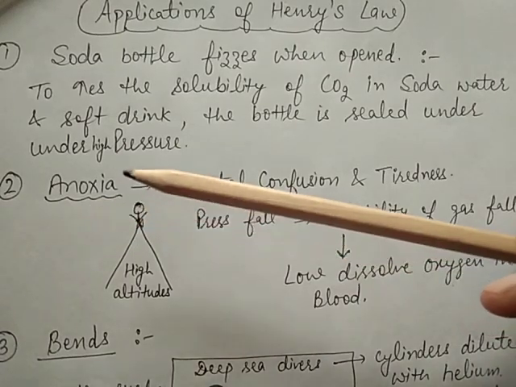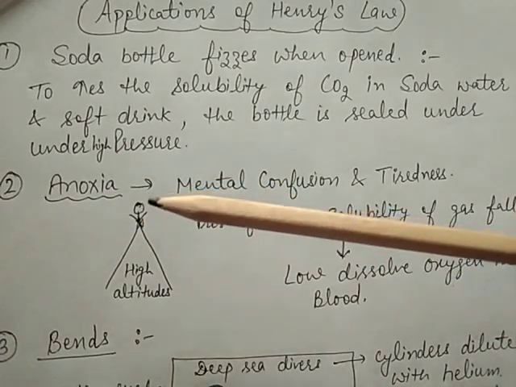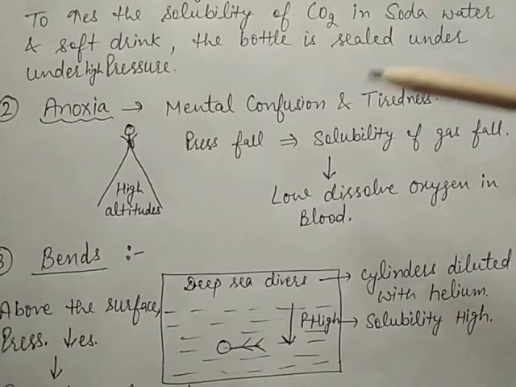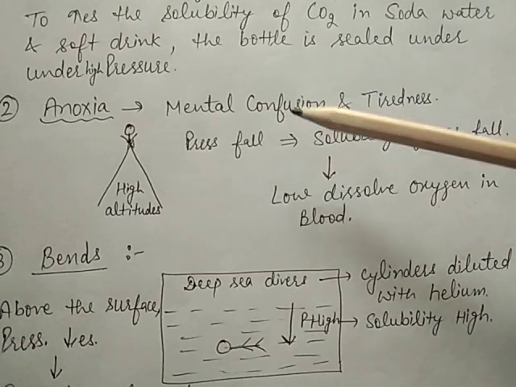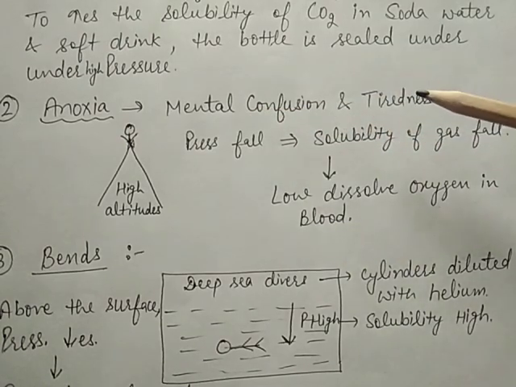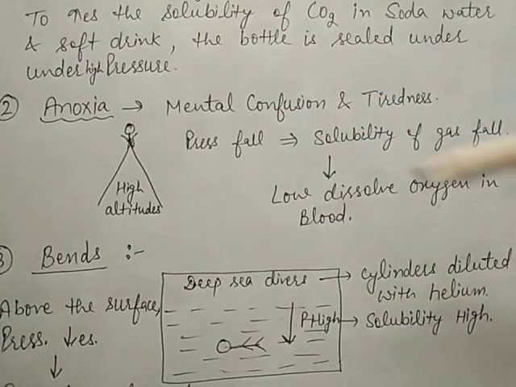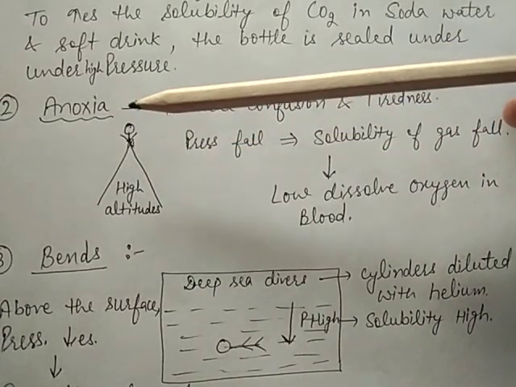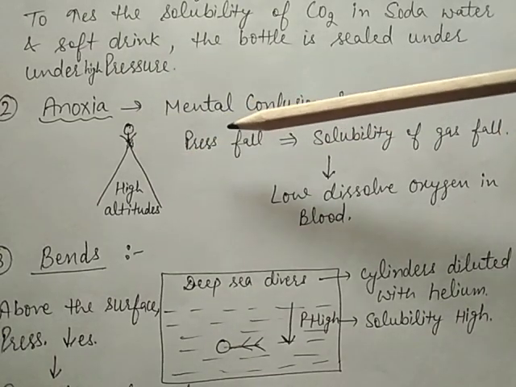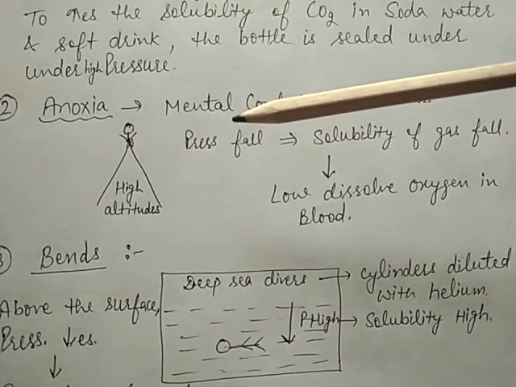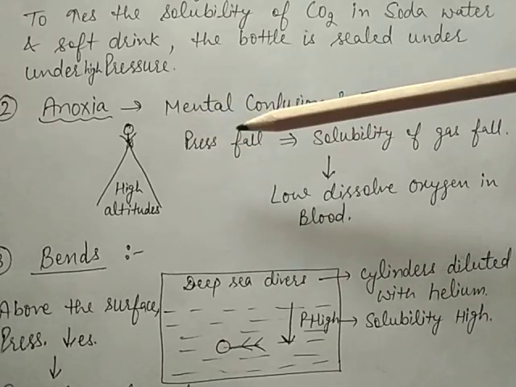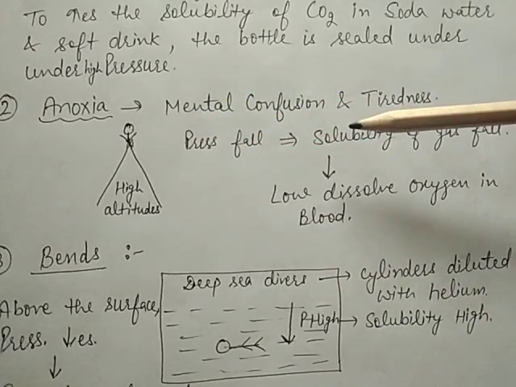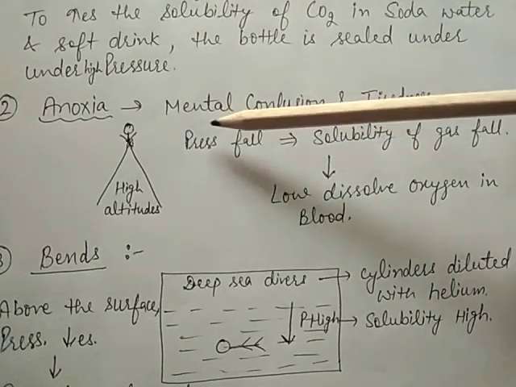Point number two, anoxia. Anoxia is a disease related to mental confusion and tiredness. It means at higher altitude, the partial pressure of oxygen is less. So due to this, the concentration of oxygen in blood is low.